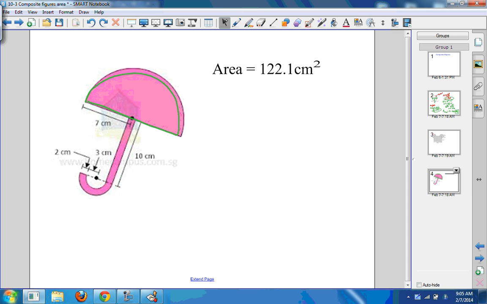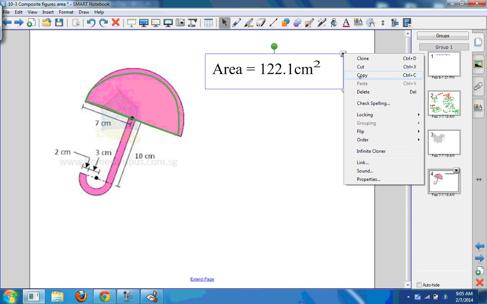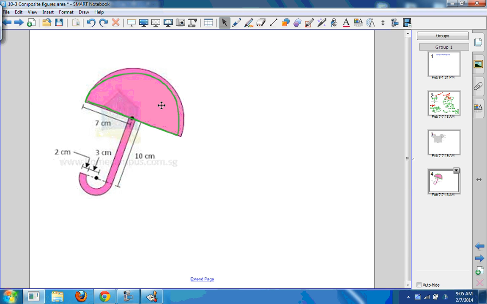So we have half a circle. And then we have this rectangle, and then we have another circle right here going on. So first we'll just start at the top and work our way down. So up top here we have half a circle.